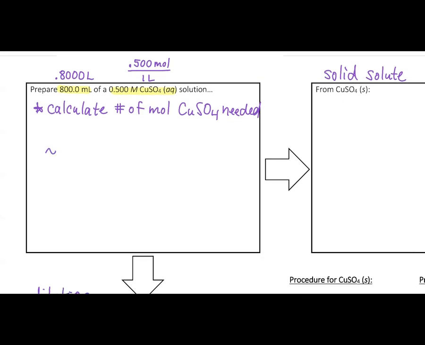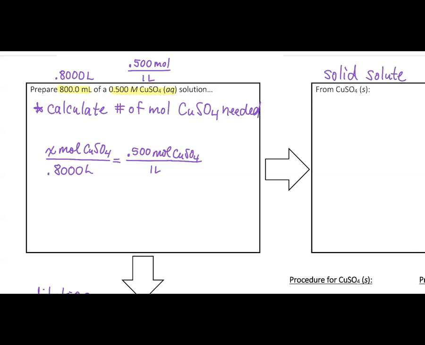So I want to know how many moles of CuSO4 are going to be needed to make 800 milliliters or 0.800 liters of solution. I can use that concentration of 0.500 moles of CuSO4 for every 1 liter of solution.